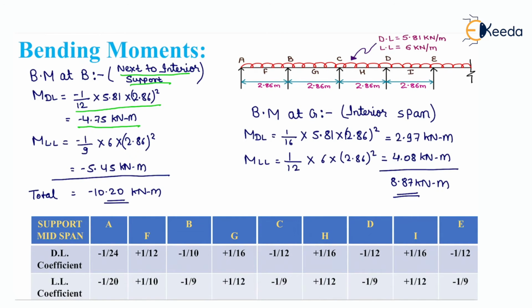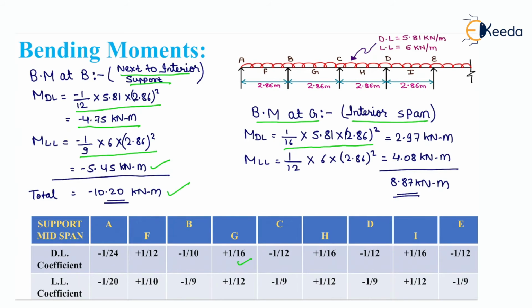Now bending moment due to live load equals minus 1 by 9 into 6, the factored live load, into 2.86 square, the effective span square. We will get the value equal to minus 5.45 kilonewton meter. We will get total bending moment equal to minus 10.20 kilonewton meter. Now we will calculate bending moment at G. It is an interior span. Bending moment due to dead load equals 1 by 16 into 5.81 into 2.86 square.